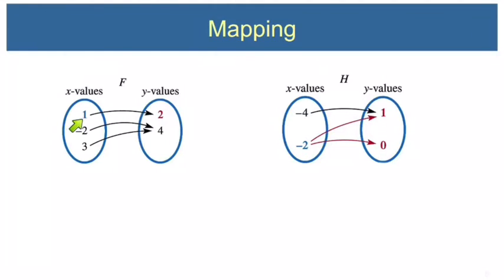So in this case, the 1 only matches a 2, the negative 2 only matches a 4, and the 3 only matches a 4. So this is a function. But when we look at H, the negative 4 matches a 1, but the negative 2 seems to match two different y values, and so H would not be a function.